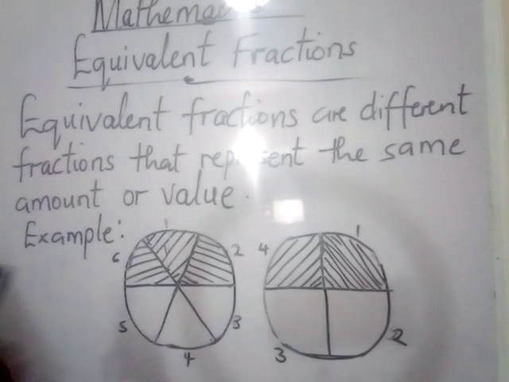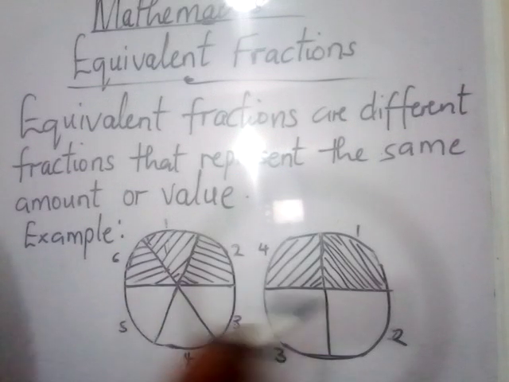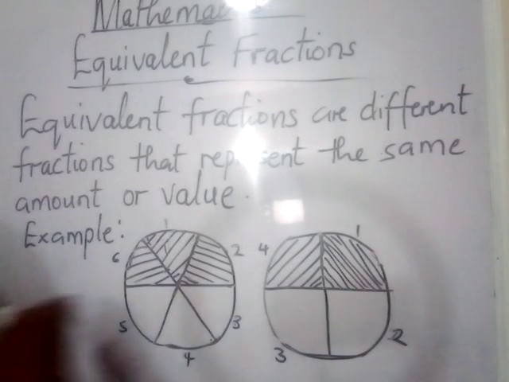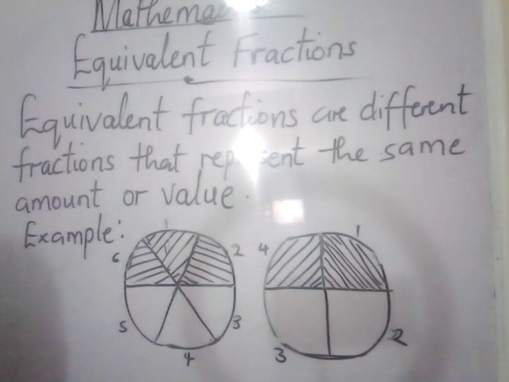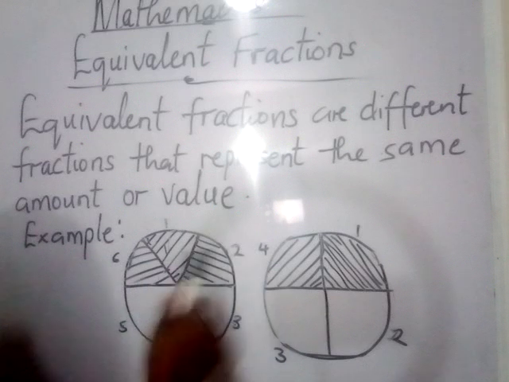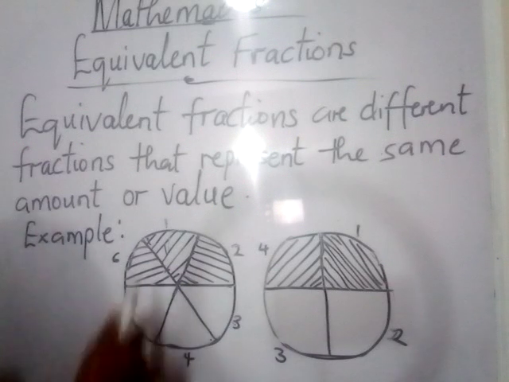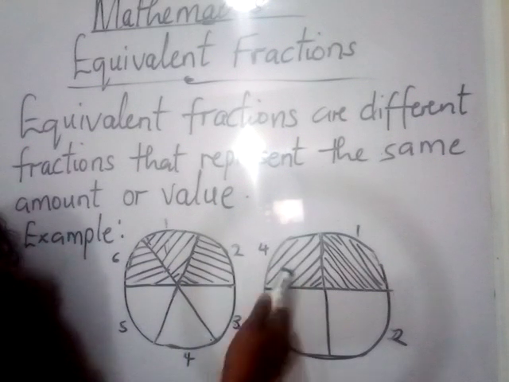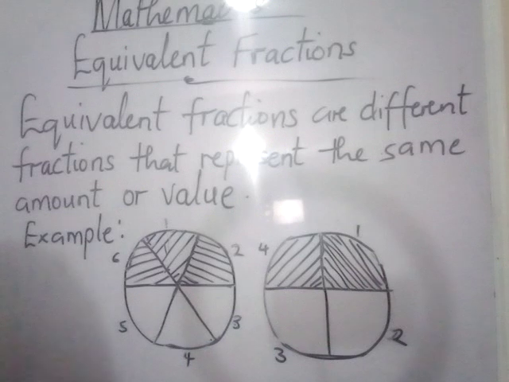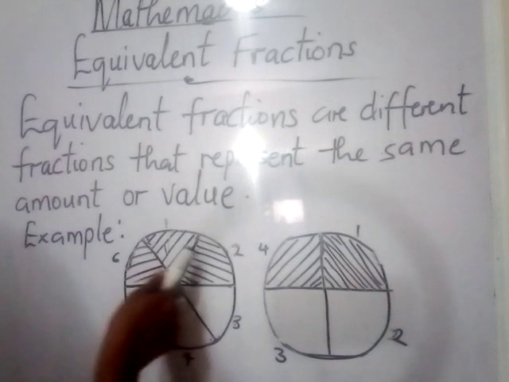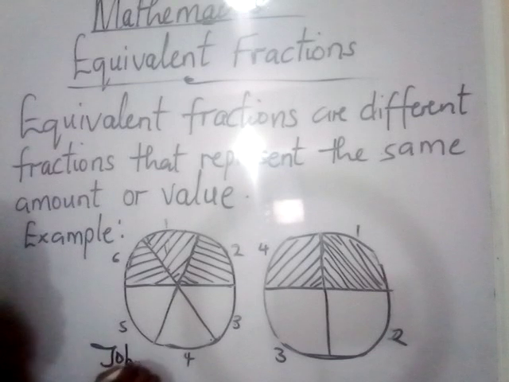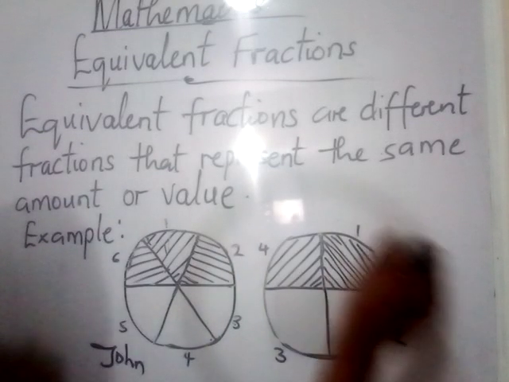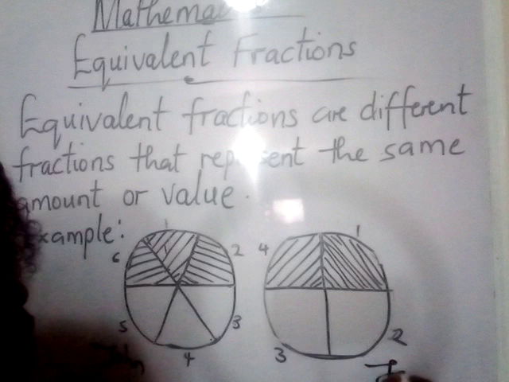Now I want you to take a look at the diagrams and try to observe the shaded parts of the two circles, or let's assume that the shaded parts of the circles are actually pizzas that are given out. Now let's assume that this first part is given to John, while the second part is given to James.